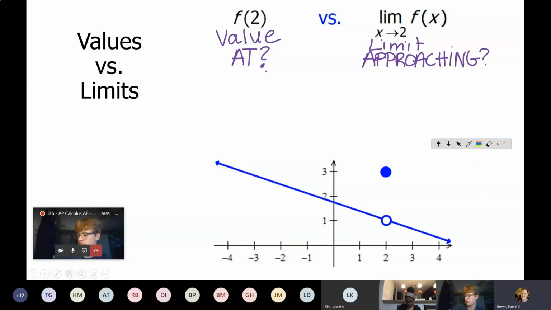For example, looking at this problem, what would you say? I have a piecewise function. What would you say the value of f of 2 is? Where is the function when x is equal to 2? 3. So we have a solid circle here. That's where the function is at when it's 2. But what will be the limit as x approaches 2?